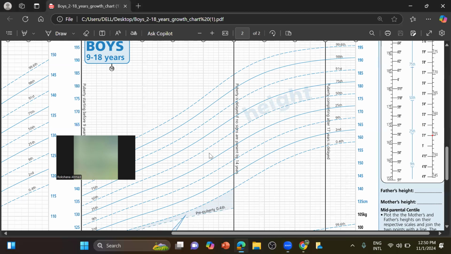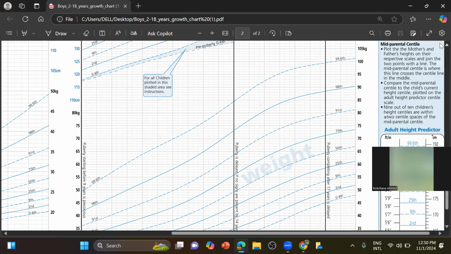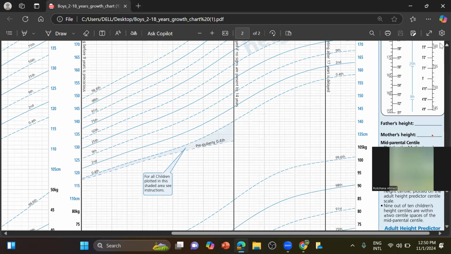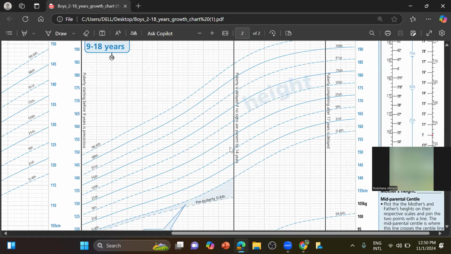Then the thing we will do is take the child's height. Suppose the child is now 10 years old and his height is 140 centimeters. It corresponds to the fourth centile.